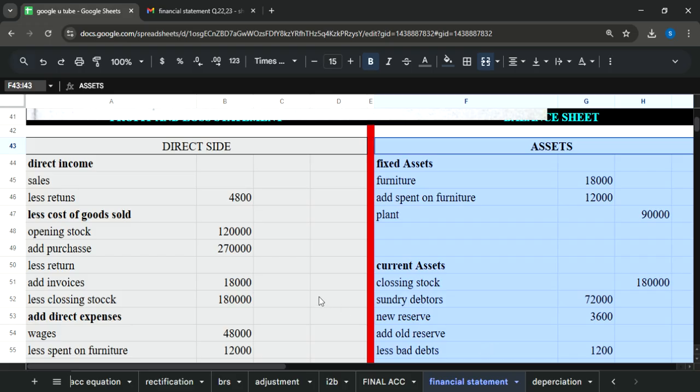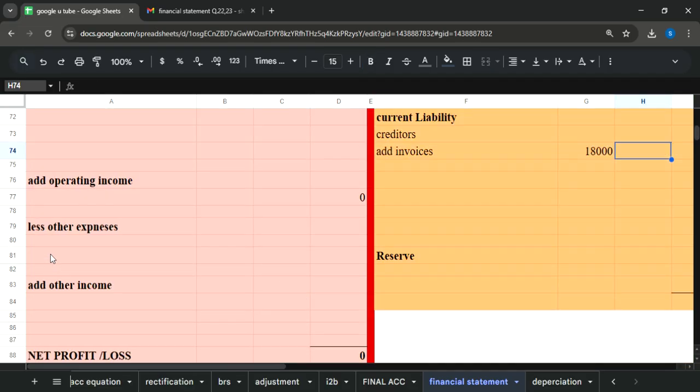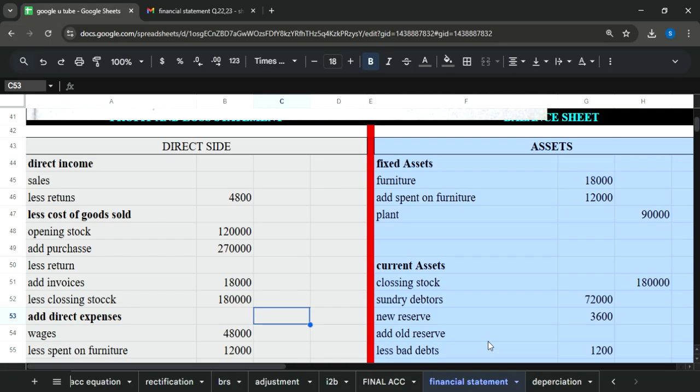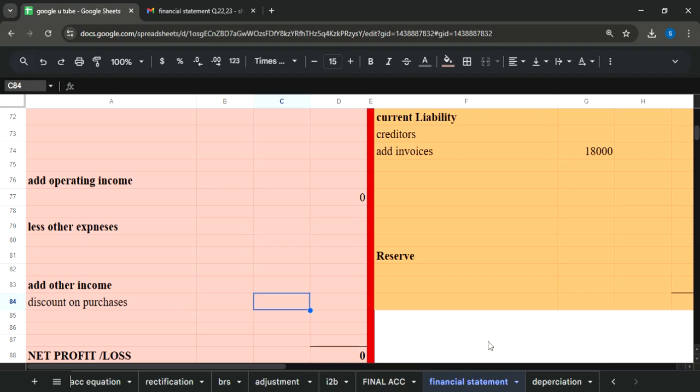You can subtract it from purchases, or you can go to the other income side, and here you may write discount on purchase. The amount of discount on purchase is 6,000, so you may write 6,000 in front of it.